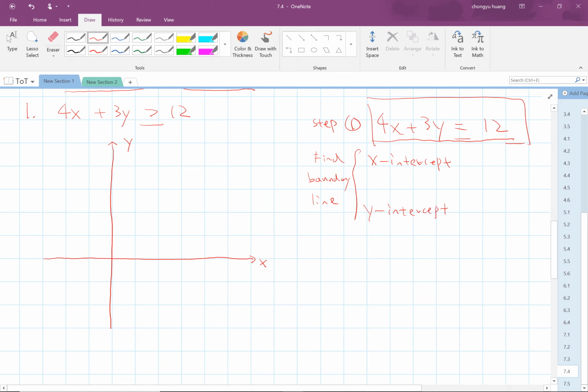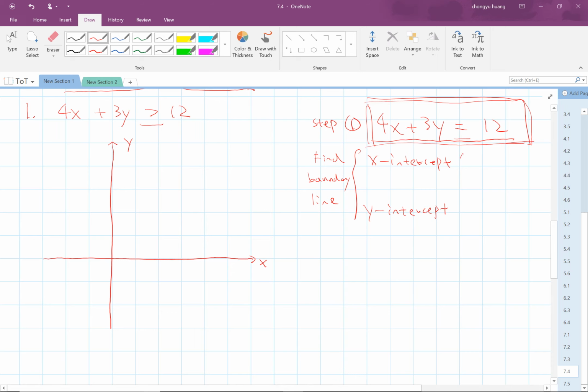Everyone knows that the x-intercept and the y-intercept are the easiest points you can find, right? And if we want to graph a line, because this one is a line, a linear equation, you need to have a minimum of 2 points to graph it.